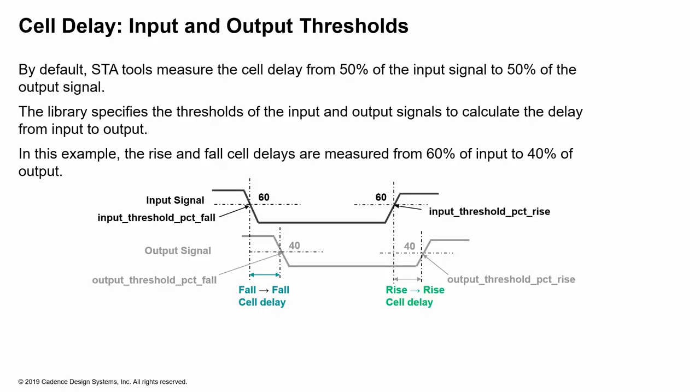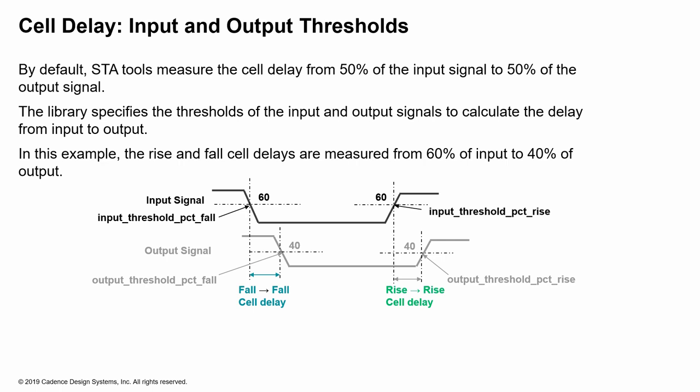The propagation delays are measured from when the input threshold fall percentage point to the output threshold percentage point. So if you say 50% of the input signal change has happened to 50% of the output signal change has happened, then that could be considered as the cell delay.